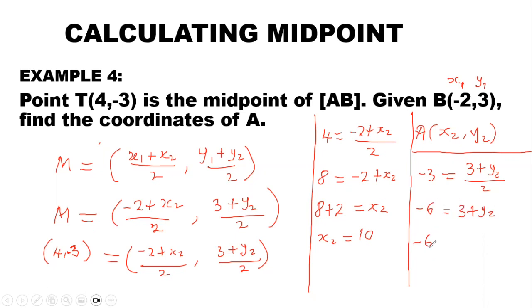So it becomes -6 minus 3 equal to y2. -6 minus 3 is -9. So equal to y2. This means that we found the coordinates of point A, which is (x2, y2). So we have 10, comma, and y2, which is -9. So it means that the coordinates of point A will be (10, -9).